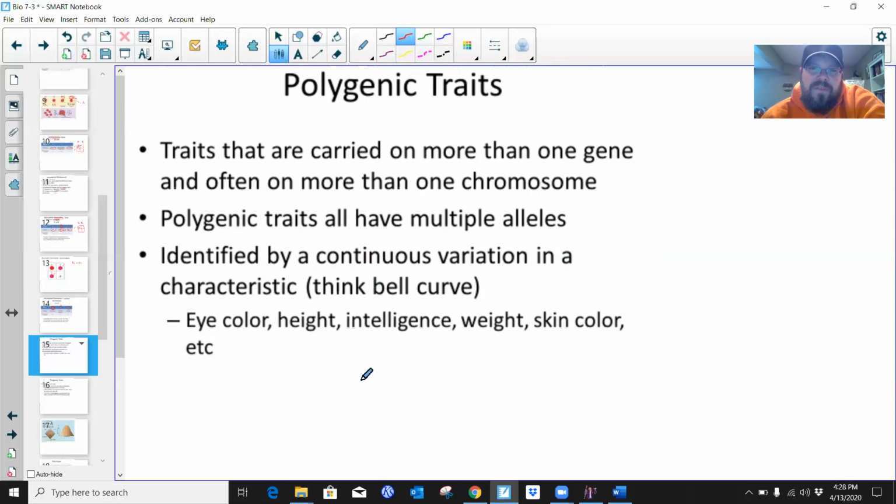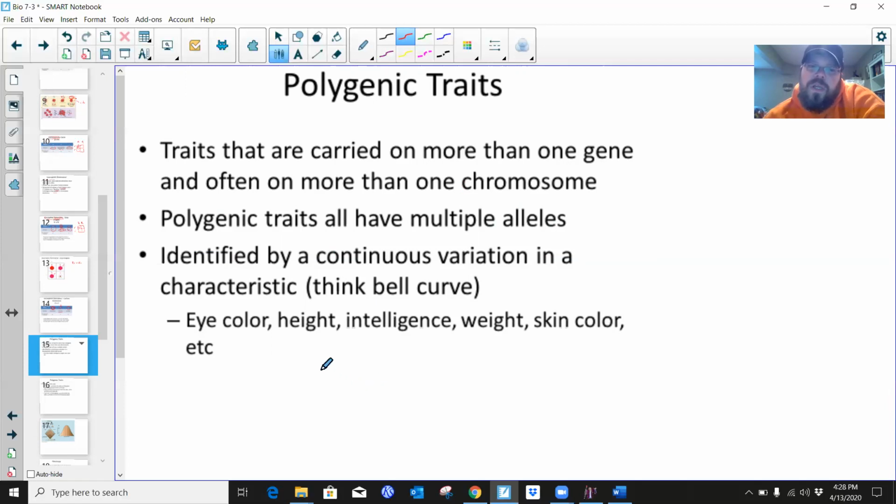The reality is that it's more common that traits are actually carried on more than one gene, and often on more than one chromosome, and that's what polygenic traits are. How do we identify this? It's identified by a continuous variation in a characteristic, and think of a bell curve.